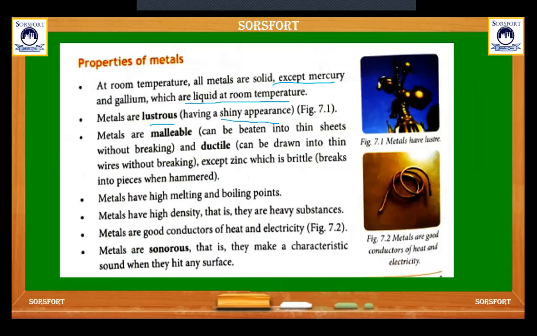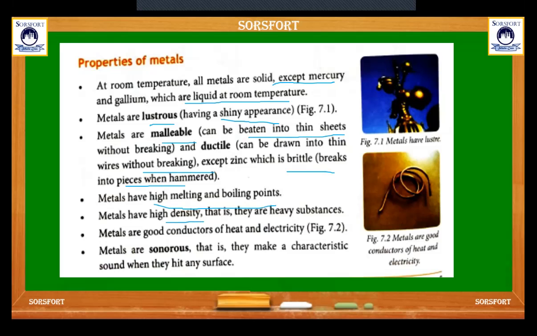Metals are malleable, meaning they can be beaten into thin sheets without breaking, and ductile, meaning they can be drawn into thin wires without breaking, except zinc, which is brittle, meaning it breaks into pieces when hammered.